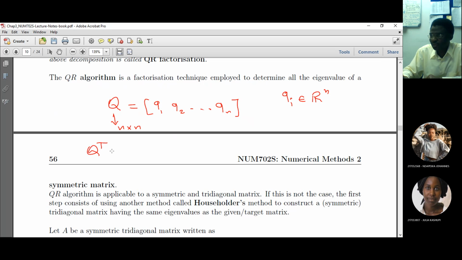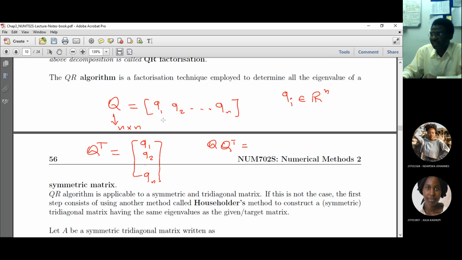Q transpose would be this, Q2 up to Qn, like that. Now, if I multiply this Q by Q transpose, it will give you a matrix. But now, what will be the entries of that matrix?